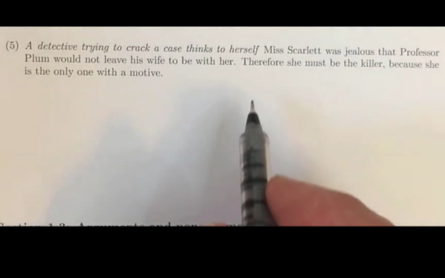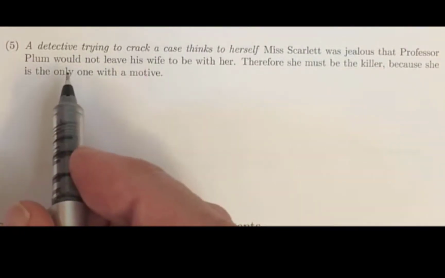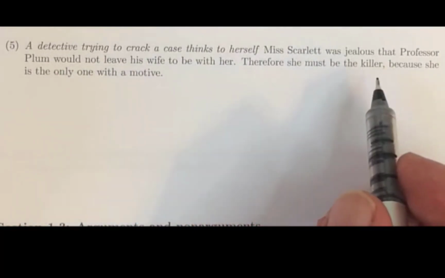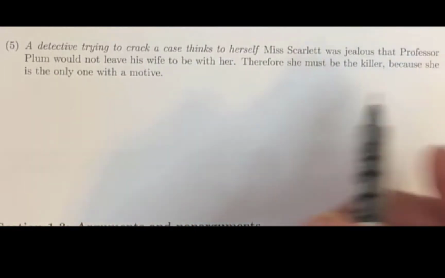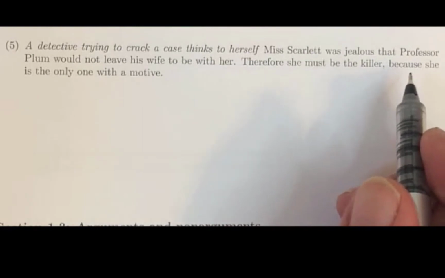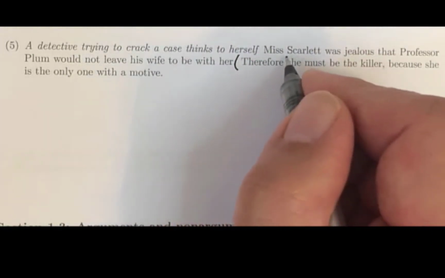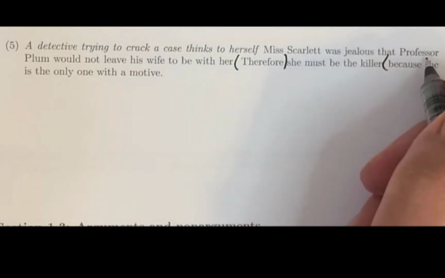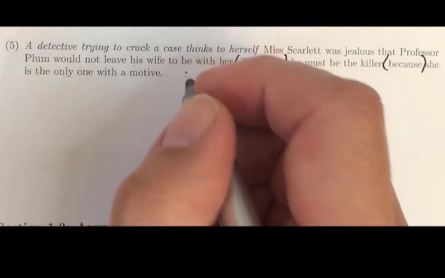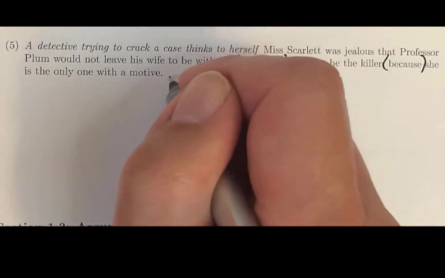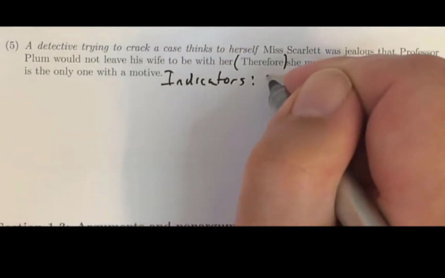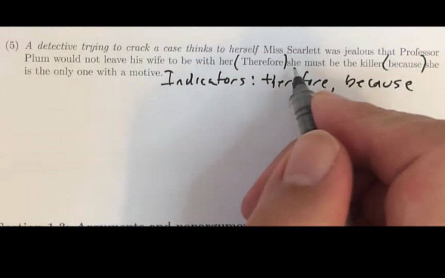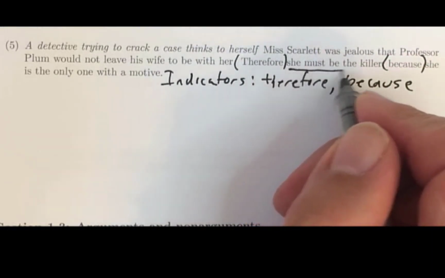Miss Scarlet was jealous that Professor Plum would not leave his wife for her. Therefore, she must be the killer because. Look, it's got this weird construction, therefore, because. So you've got two indicator words here, therefore and because. So this is actually conclusion middle.